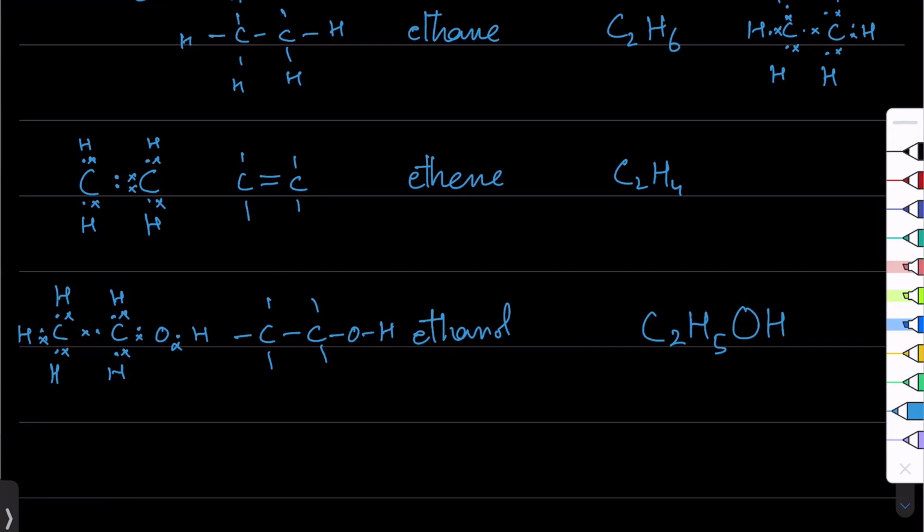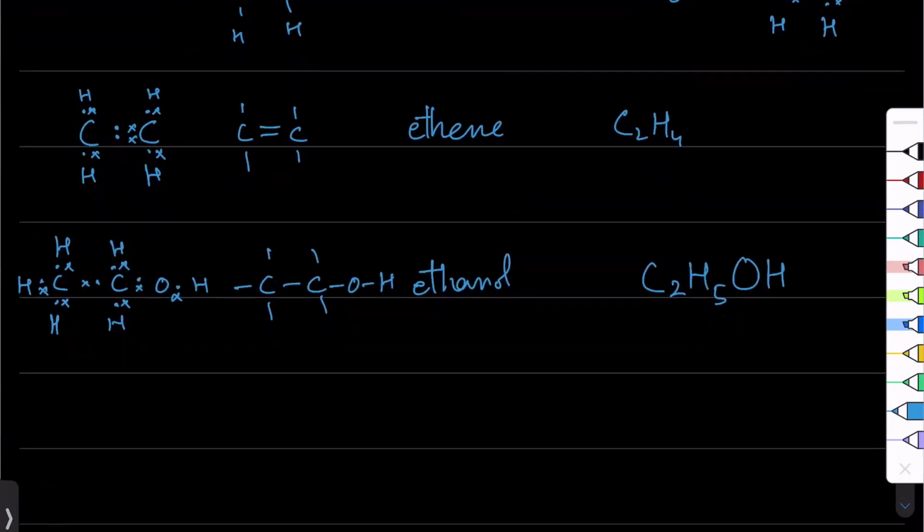Then we have acid, so ethanoic acid. What will its formula be? Acids are interesting because they already have a carbon in their functional group, COOH. It is ethanoic, so one carbon is there, and the remaining part will have just one carbon.